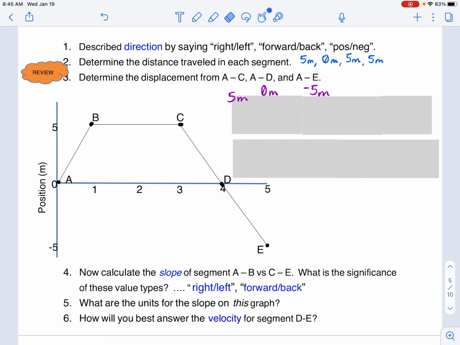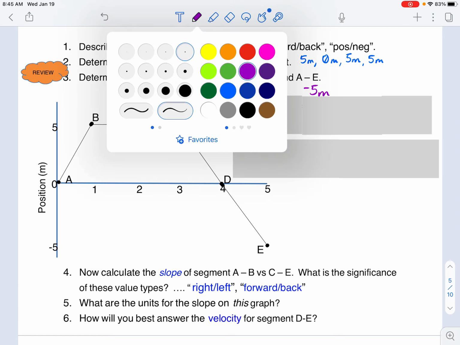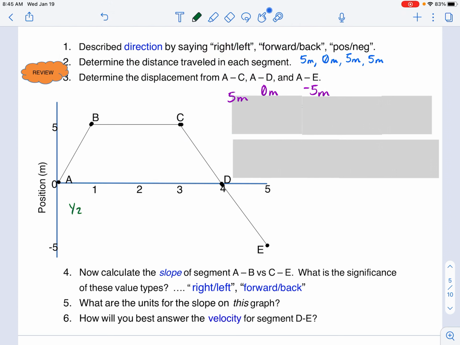Now down here at the bottom, it's asking us about calculating our slope. Our slope is rise over run. So if we are looking at our slope value for segment AB, what we would do if we were in a math class is we would say y2 minus y1 over x2 minus x1.